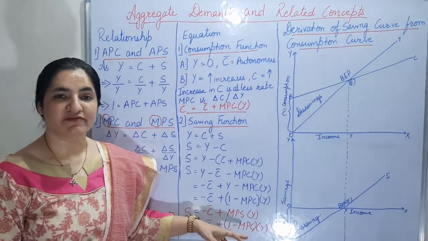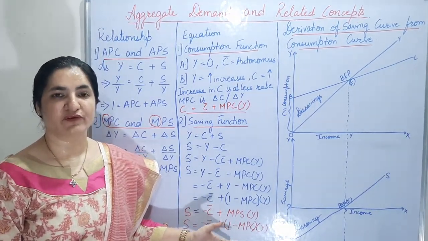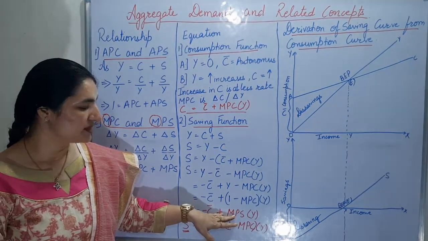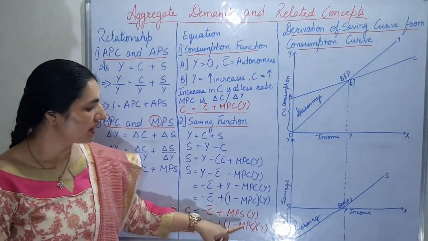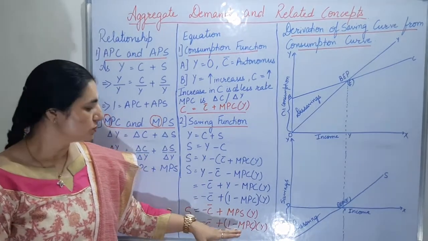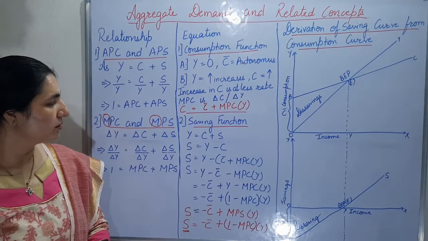This depends on the values we have when doing numerical questions. If we have the value of MPS, we can take it directly. If we have the value of MPC, then we can apply the second part. So this is the saving equation.